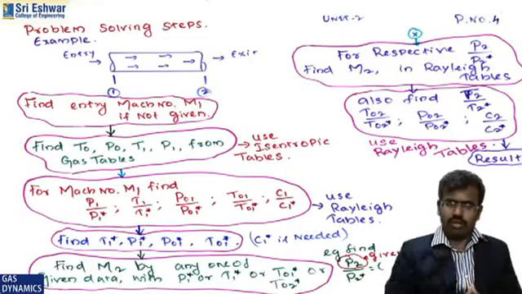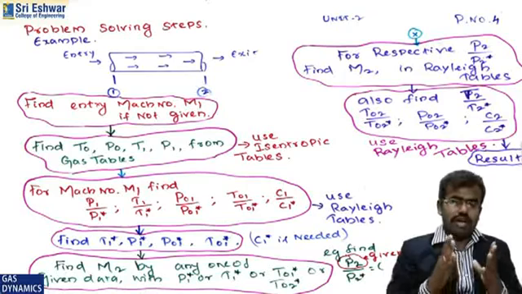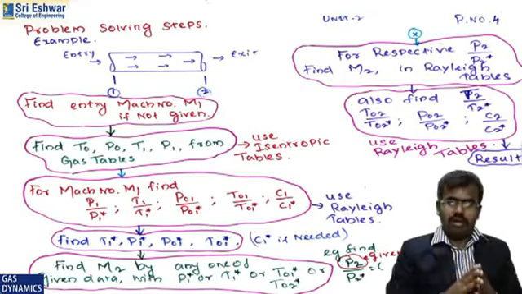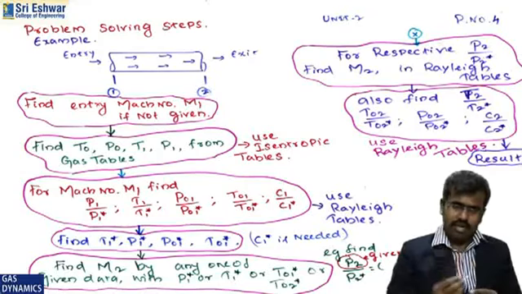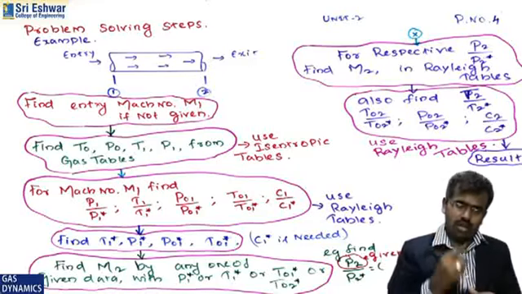The values can be determined by using your Rayleigh table. Then using these ratios, find the values of T1 star, P1 star, P01 star, T01 star, C1 star.